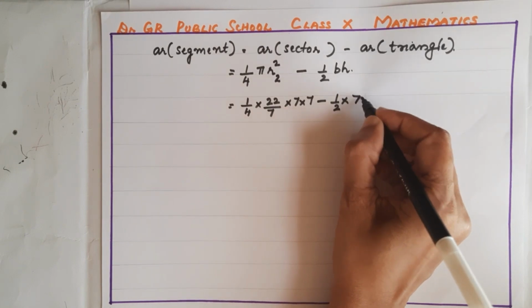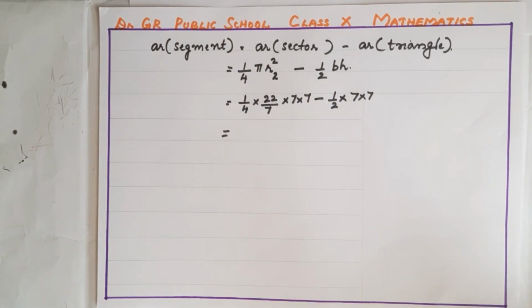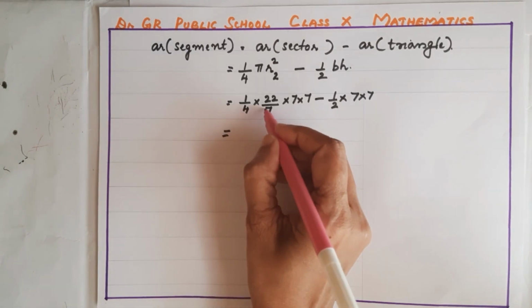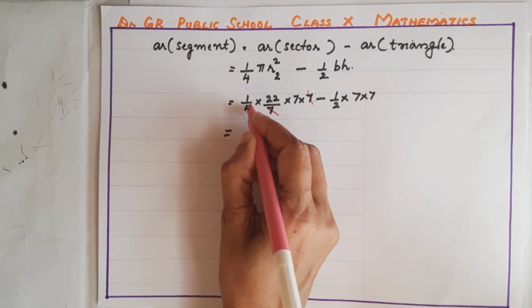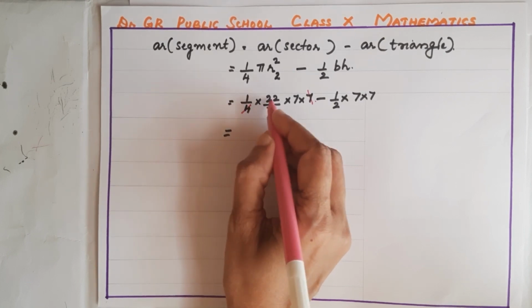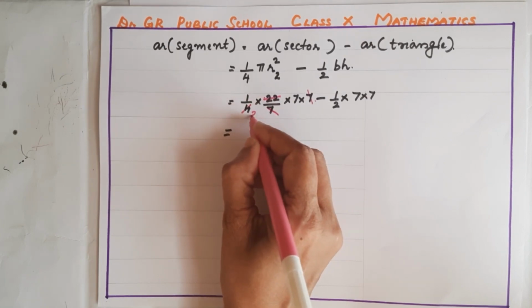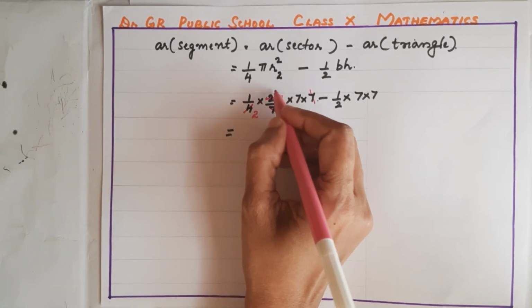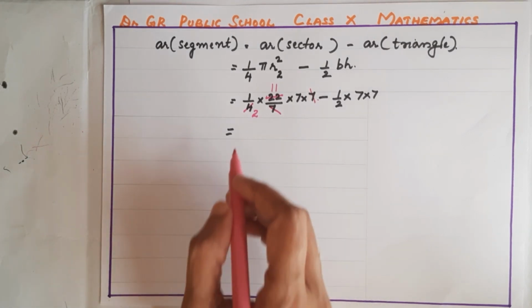So 7 into 7. Okay. Now simplification is left. 7 cancelled. Then 4 we can cancel. 4 and 22 both are divisible by 2. So here 2, here 11. Okay.